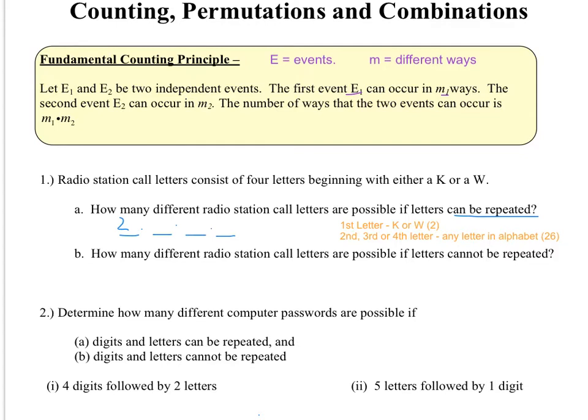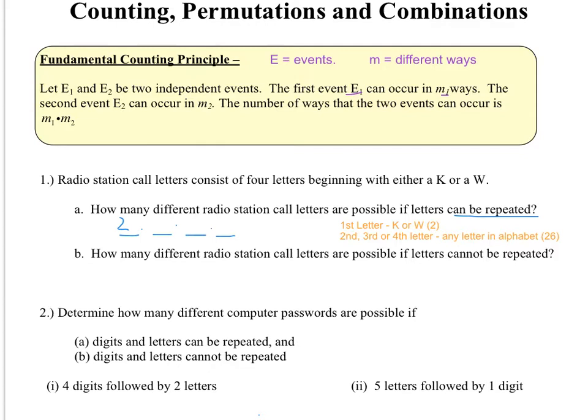Now what about the second, third, and fourth letter? It says they can be repeated, so each of those is going to have any of the 26 letters. We can use K again, we can use W again, but we can also use any of the other 24 letters.